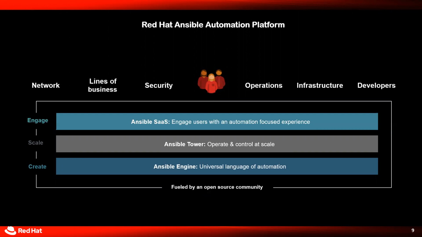If you look at these things, the same Ansible automation platform can be used by various teams, including the line of business people, which includes network, security, operations, infrastructure. So one platform serves all your automation needs in an organization, and Ansible automation will help you to automate these operations.